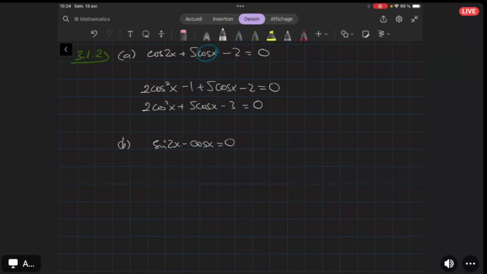Yes, that's it. When you have sine of 2x, you have no option. Your only option is 2 sine cos. You have no choice. That's easy.